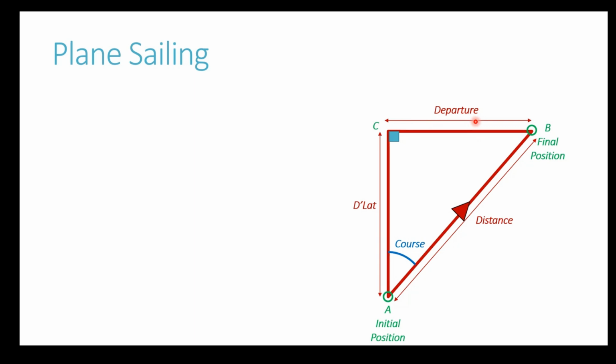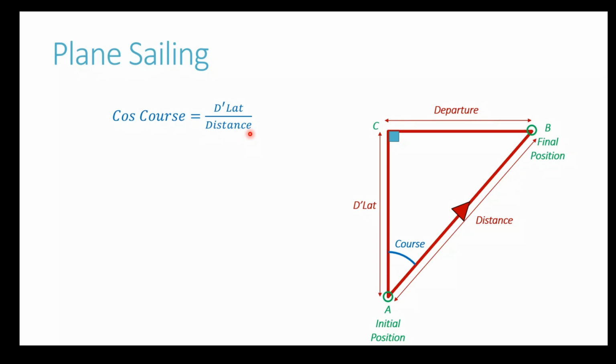Now let us apply the three trigonometric ratios to this triangle. Let's first apply the ratio of cos theta. In this case, it will be cos of course. Now we know cos theta is equal to base upon hypotenuse. So cos of course becomes the difference of latitude or the d lat, which is the base, upon distance, which is the hypotenuse.